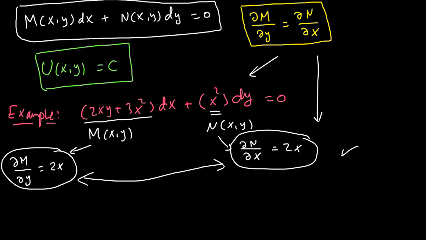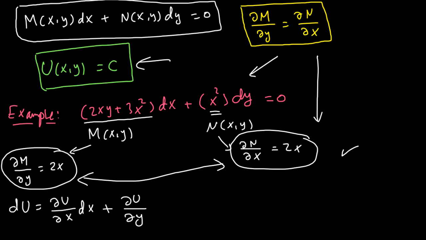Since we have this property, we are pretty sure that we have a solution in this form that satisfies this differential equation. And since this solution satisfies the differential equation, if we differentiate it, we will have du, which is partial u by partial x dx plus partial u by partial y dy equal to 0.